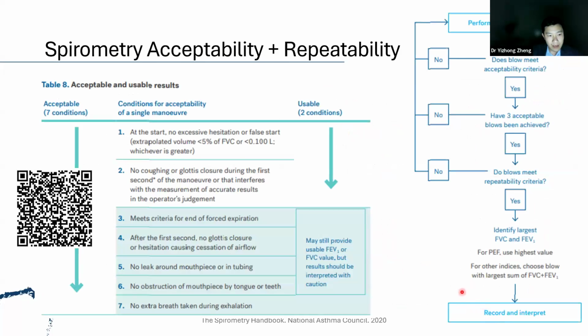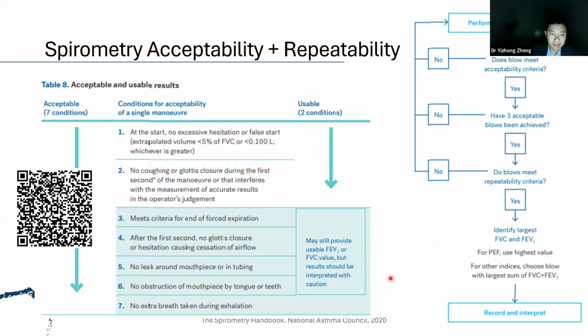Sometimes you can't achieve acceptable results. However, they might meet criteria to have a usable FEV1 or usable FVC. So if they show no hesitation and there was no evidence of errors or glottic closure or coughing within the first second, you have a usable FEV1.